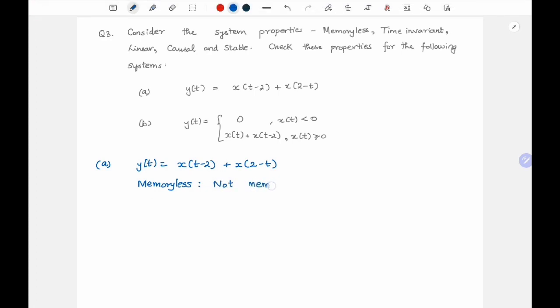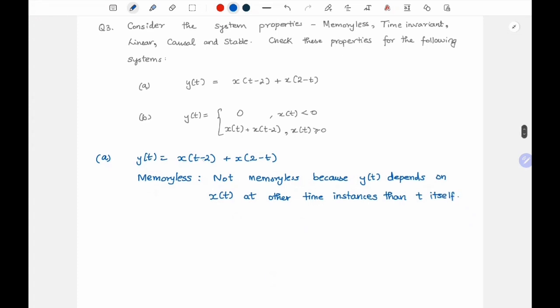Not memoryless, because y of t depends on x at other time instances than t itself. Okay, because it's like x of t minus 2 and x of 2 minus t.